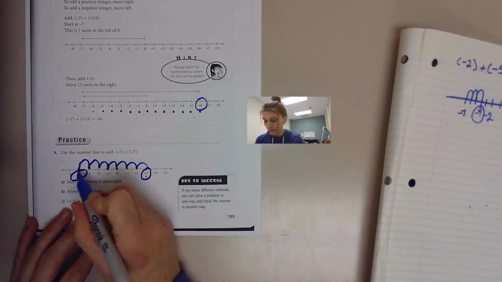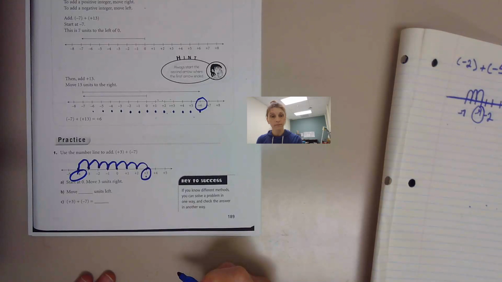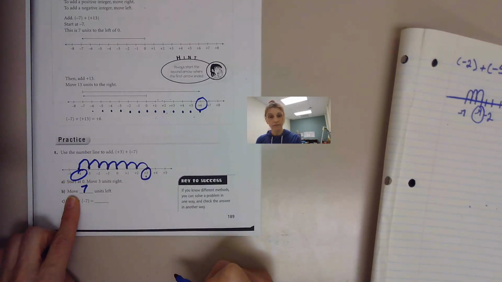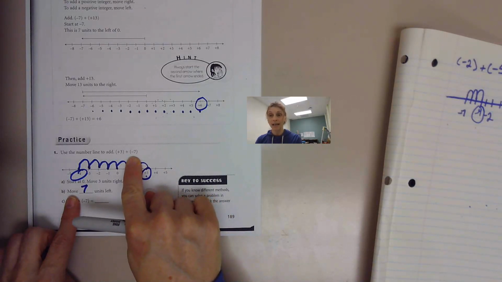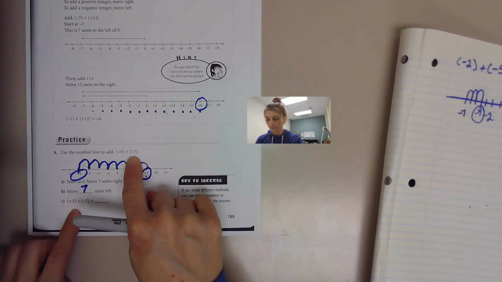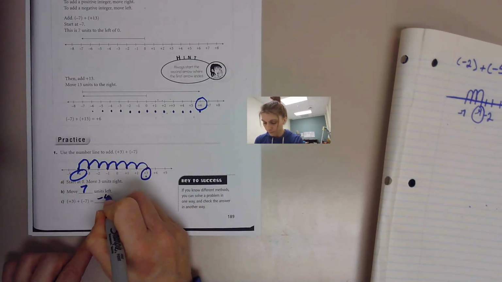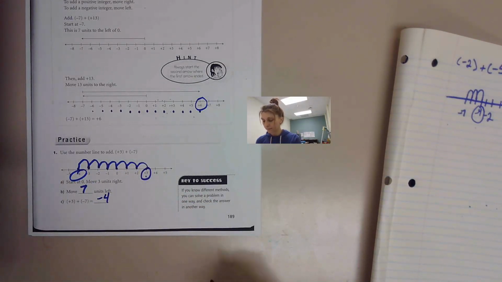And we end up with -4. Okay, so we moved 7 units to the left to represent this -7, and we end up with -4.